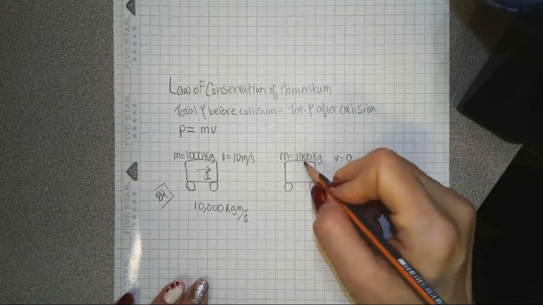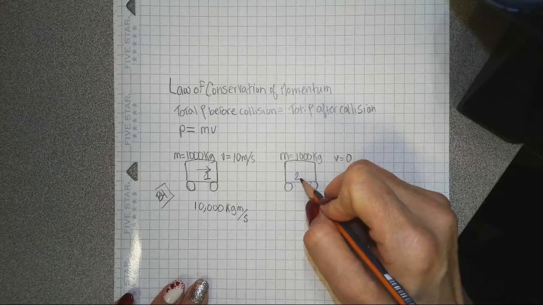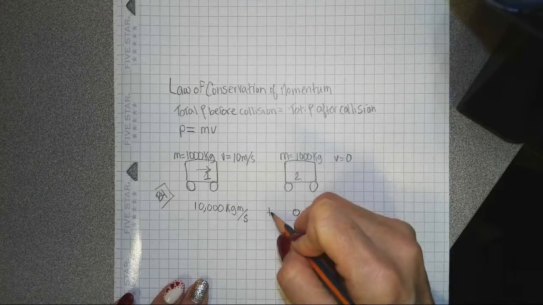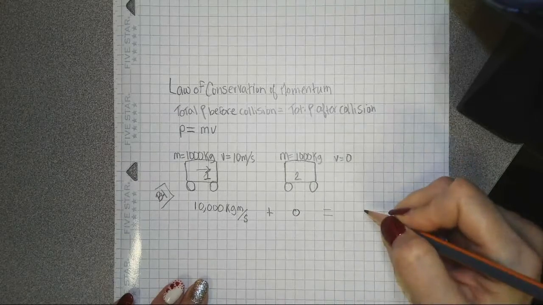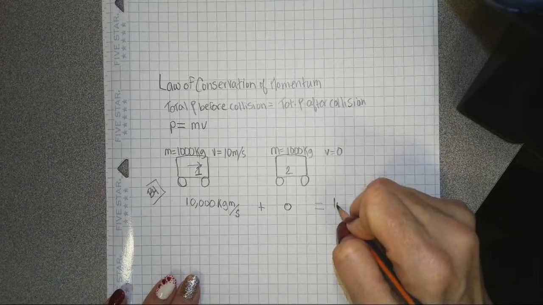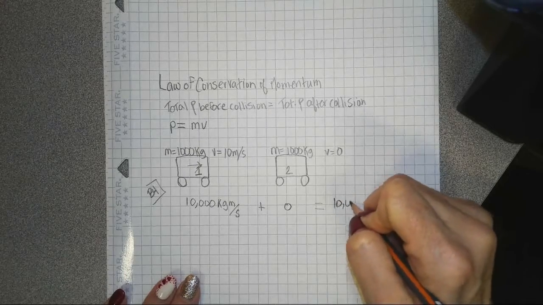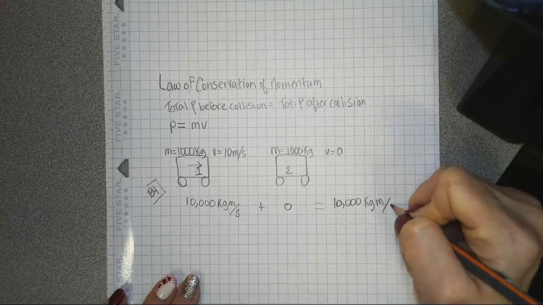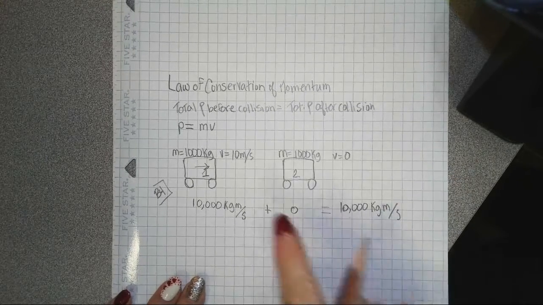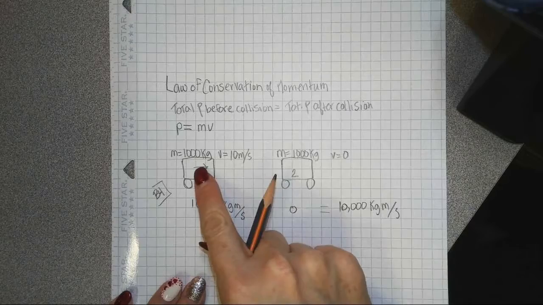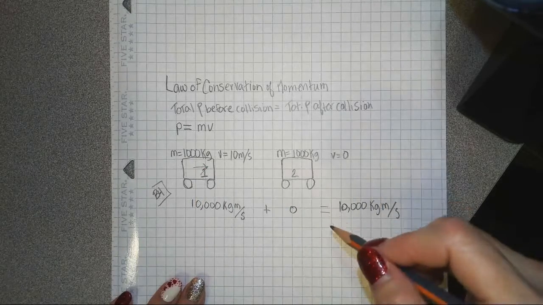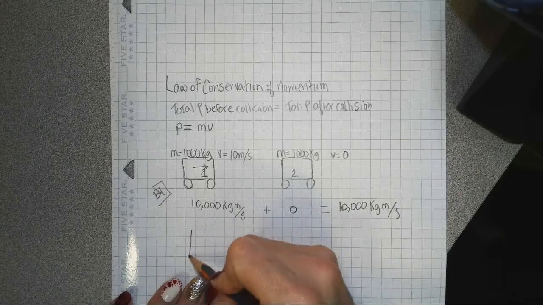The momentum of object 2, or car 2, is 0. So total momentum before the collision is 10,000 kilogram meters per second.